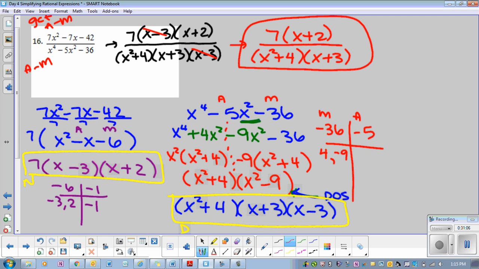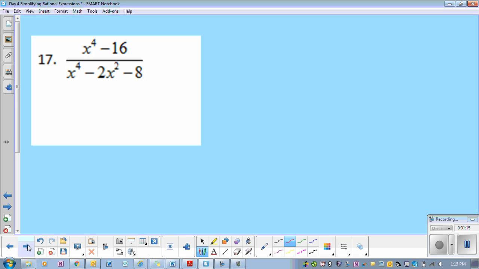Alright, next problem. Or do you need a few more seconds? Okay, let's try the next one. This one you can factor, and then you factor it again. This one's a difference of squares, this one's an AM.